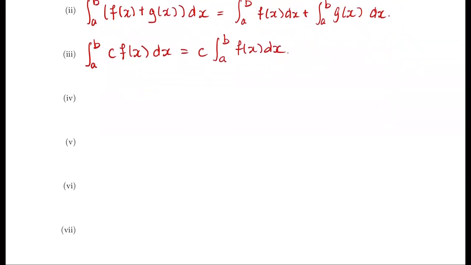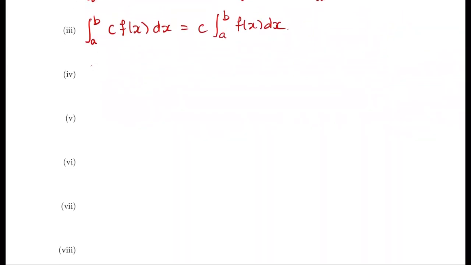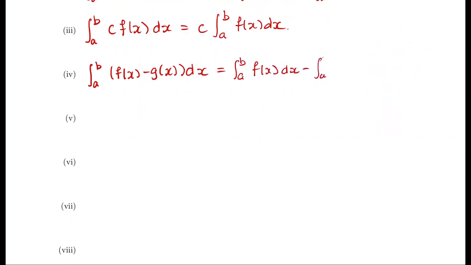And property number 4 will have that, if we have the integral from a to b of f of x minus g of x dx, then that would just be the area from a to b of f of x dx minus the area from a to b of g of x dx.